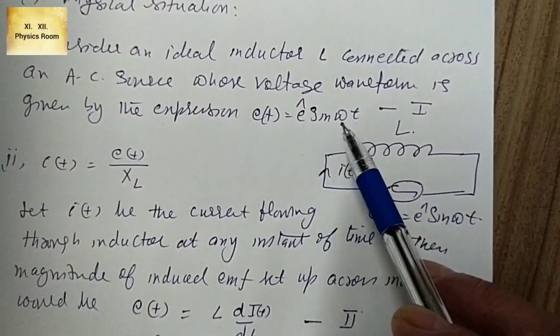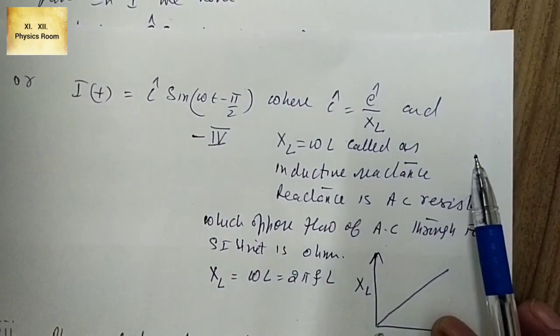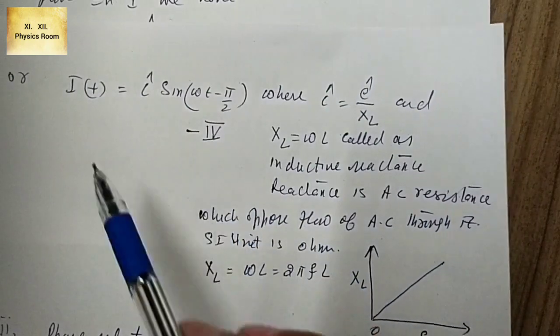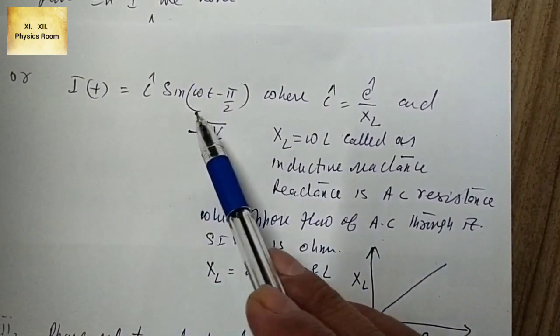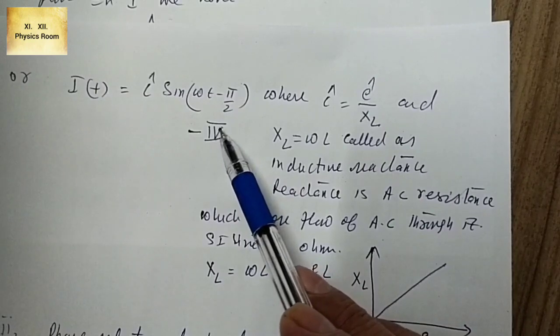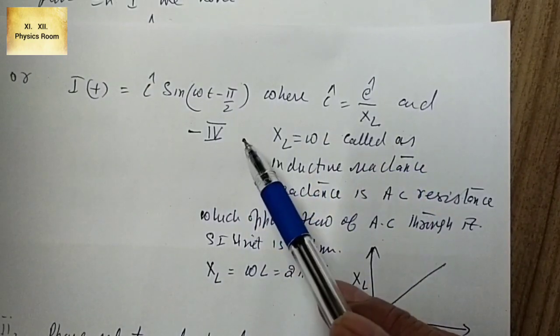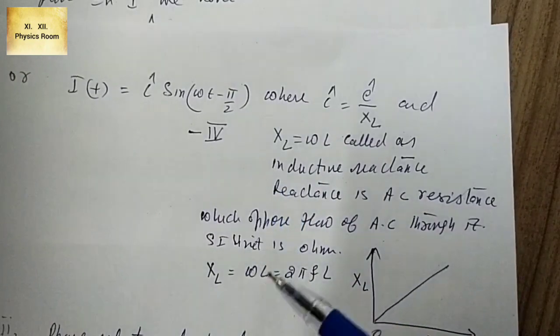It is equal to E max sine omega t, equation 1, and IT is equal to I max sine omega t minus pi by 2, where I max is equal to E max by XL.